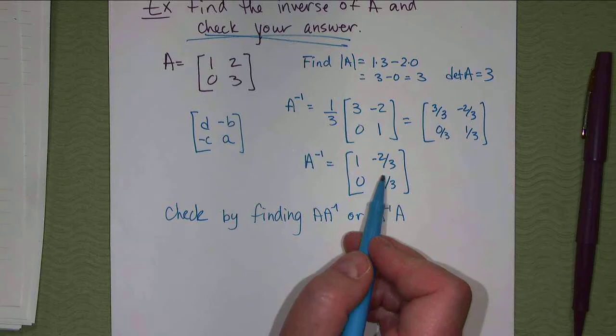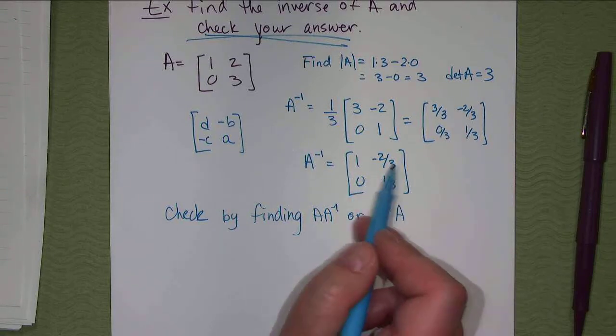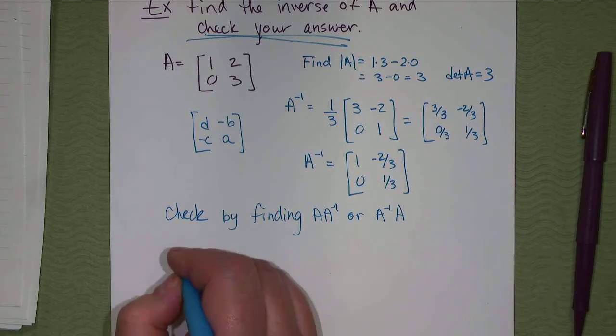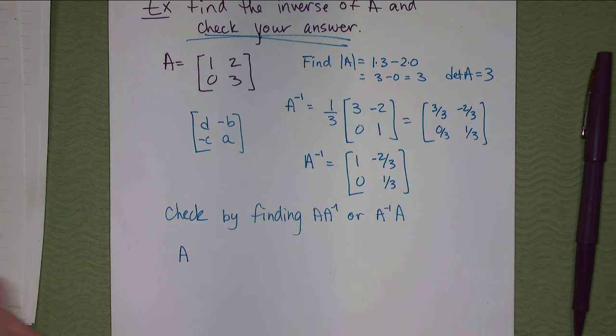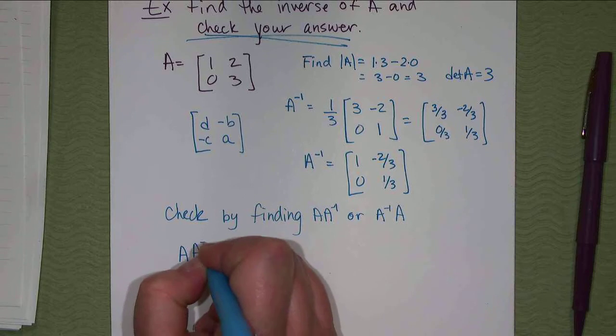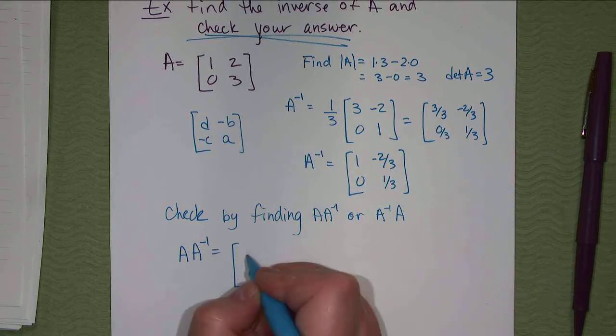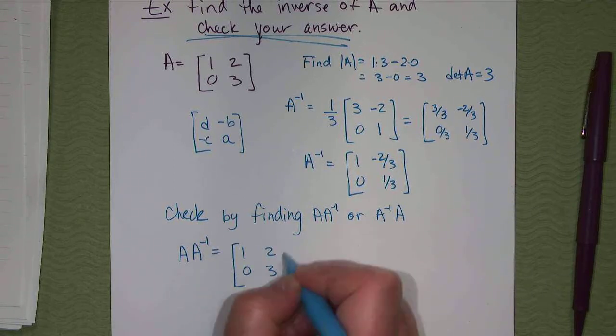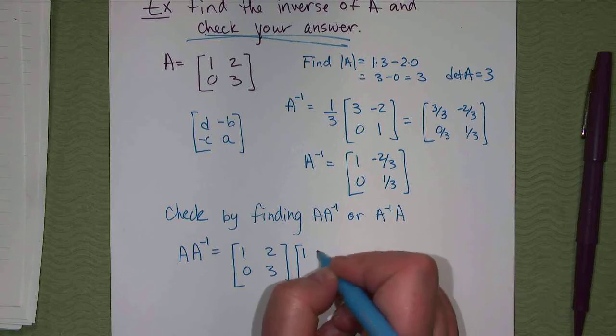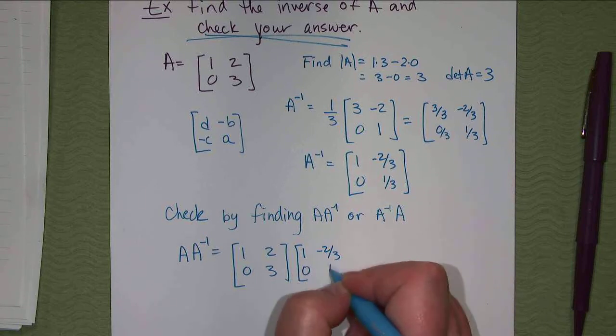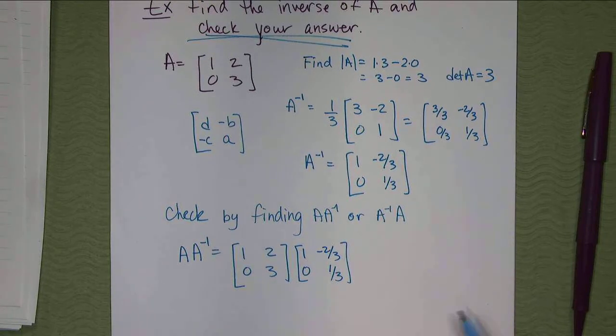In fact, if you've got a whole bunch of fractions here, what could we do? Take that out to the front as a scalar and then put it back in later, which is what I always do. But if you just multiply A times A inverse, you should end up with the identity.